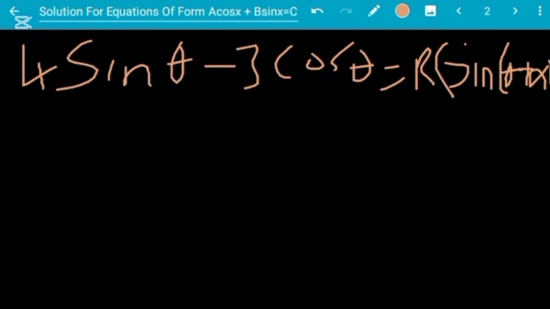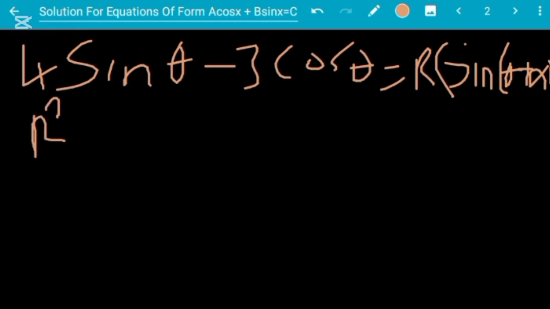So how are we going to find our R? That's the first thing for you. How are we going to find our R? R can be found as follows.